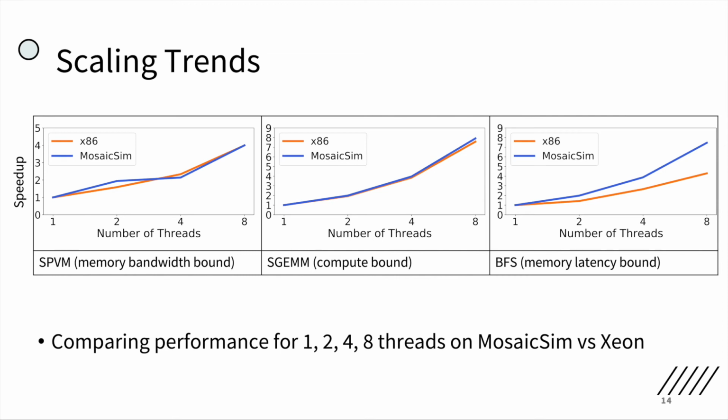We find that the scaling trends match quite closely between both systems. However, there's a slight deviation for breadth first search. We attribute this disparity to the fact that BFS heavily utilizes atomic read modify write instructions. The implementation in MosaicSim was not modeled to accurately match that in x86.